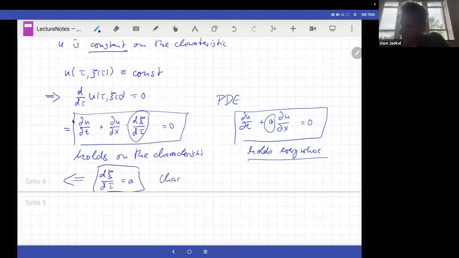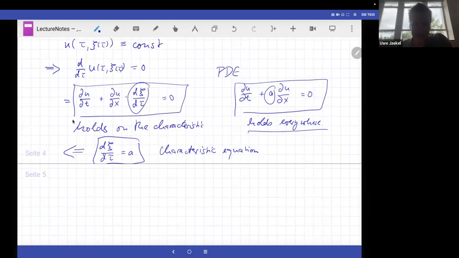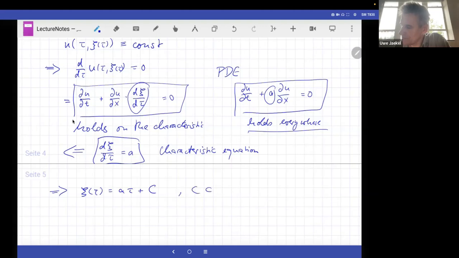This is the equation that the characteristic fulfills, the equation that defines the characteristic. It's easy to solve this equation. A is a constant, thereby we know that psi of tau will just be A times tau plus a constant.